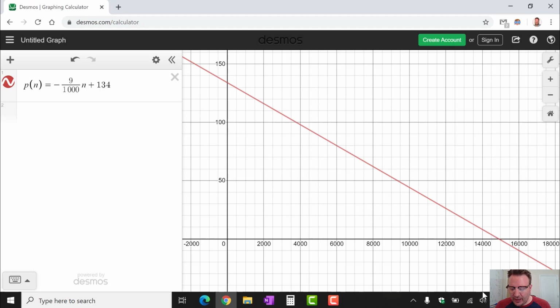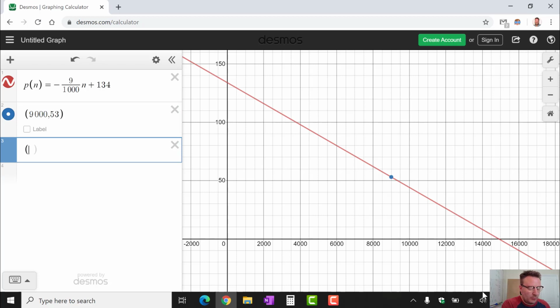Now we can check our function by plotting some points, right? We know that when the quantity is 9,000, the price was $44 per shirt. Or no, $53 per shirt. There we go. I plot the point, and yep, it's on the line. So that's a good sign.